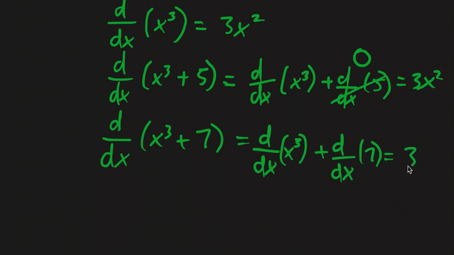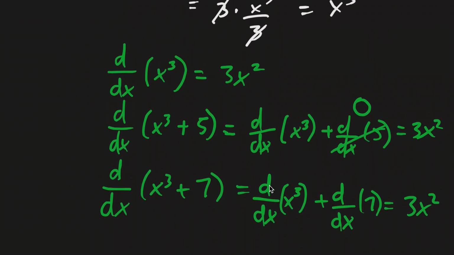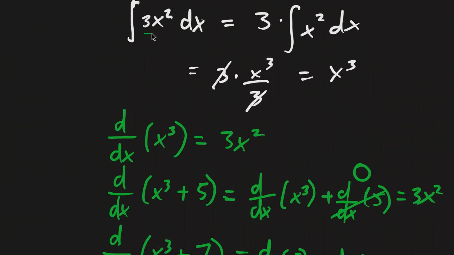This is just equal to 3x squared. So we can do this for many different numbers, and we still get the derivative of 3x squared. So we still get this answer right over there.